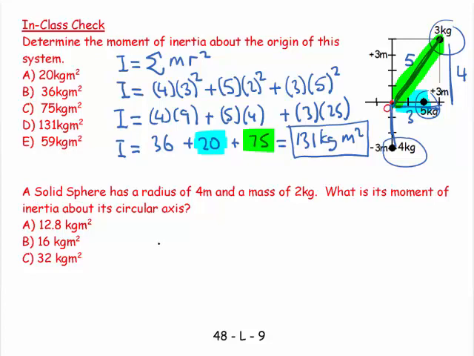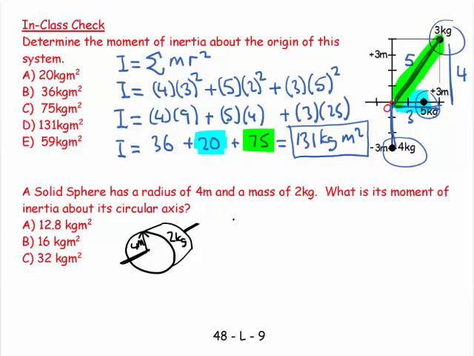A solid sphere has a radius of 4 meters. So let's visualize this as my solid sphere, and it's got a radius of 4 meters, and its mass is 2 kilograms. What is its moment of inertia about its circular axis? The circular axis is that axis there.